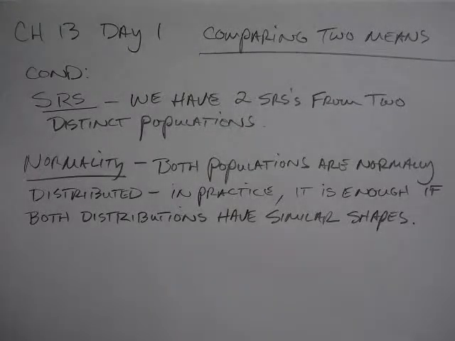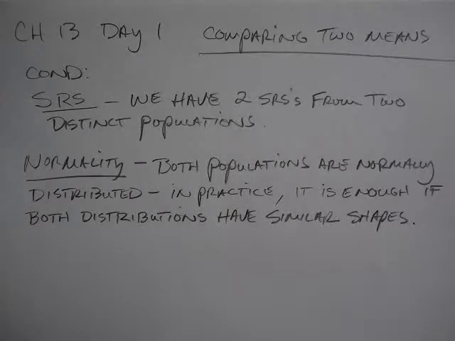So we're talking means here. The central limit theorem would apply, but let's say we have two separate SRSs, two separate samples, and we're going to compare the two, but both of them are less than 30. Let's say one's 27 and one's 20.